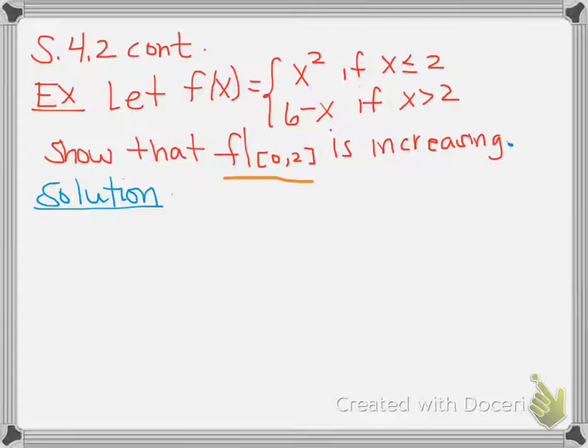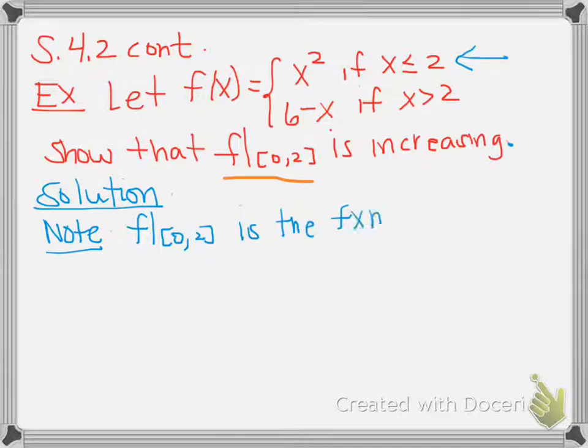Before we do the proof, we note that f restricted to [0, 2], so we're just looking at the closed interval [0, 2], is just the function x squared, right? So f restricted to [0, 2] is the function x squared.